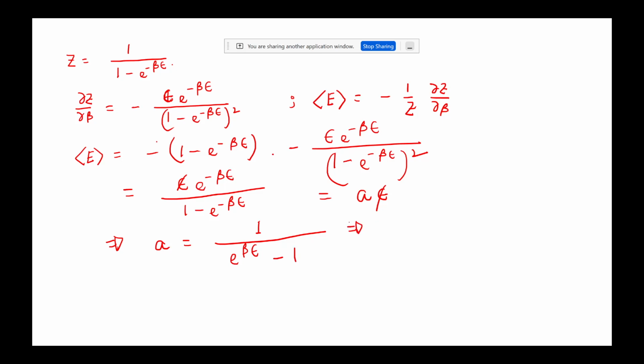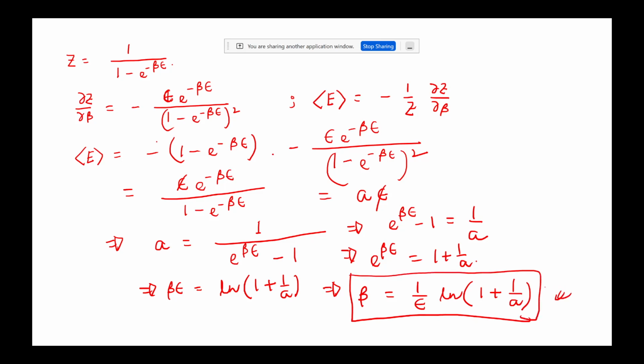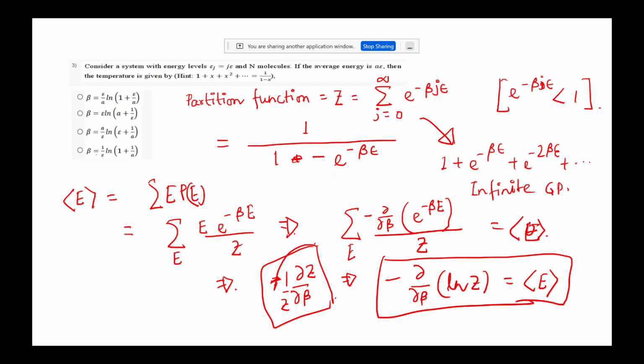Now just inverting it, e to the power beta epsilon minus 1 is 1 by A. That makes e to the power beta epsilon equal to 1 plus 1 by A, and beta epsilon equals ln of 1 plus 1 by A, and beta equals 1 by epsilon ln of 1 plus 1 by A. Okay, so the right option will be option number D.